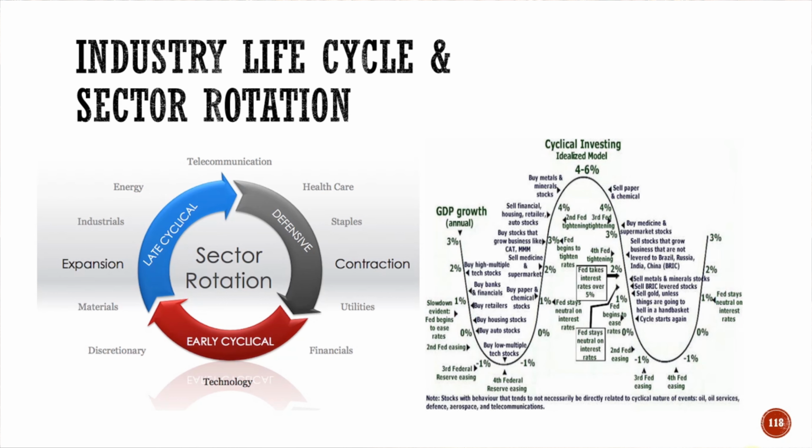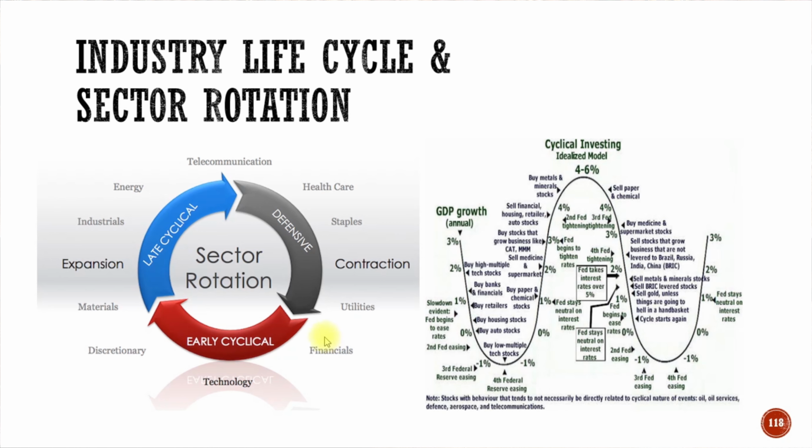Now, different industries perform differently depending on where we are in the economic cycle. As we move into a recession, for example, investing in healthcare, staples, or utilities will be very defensive by nature. To understand why financials is a good place to be, you have to understand duration.